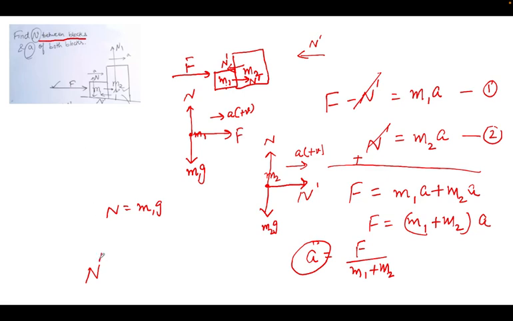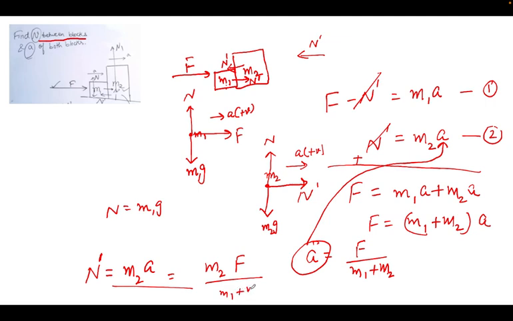The normal reaction between the blocks is n dash, which is m2 times a, so n dash equals m2 F over m1 plus m2. So this is how you can find the total acceleration when we have a stack of different masses of boxes which are in contact with each other.